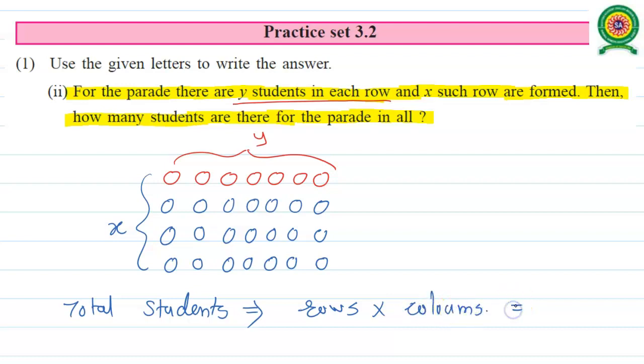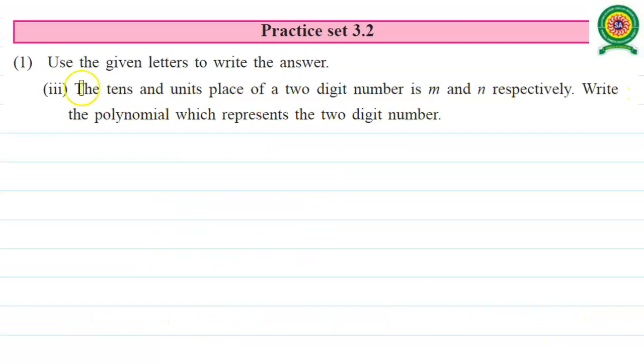Total students equals the number of rows into the number of columns. Number of rows we have X here, and number of columns we have Y. Horizontals are called rows and verticals are called columns, so the polynomial is of the form X into Y. That means the total number of students equals X into Y. Look at the next question.